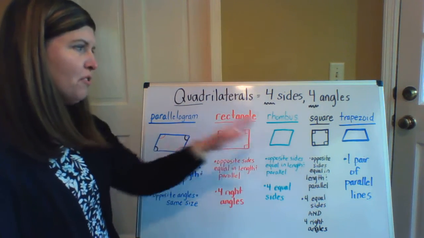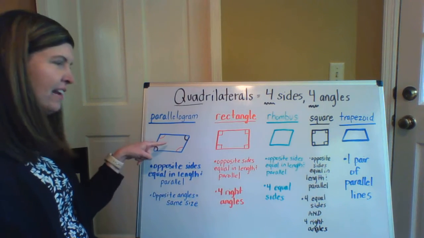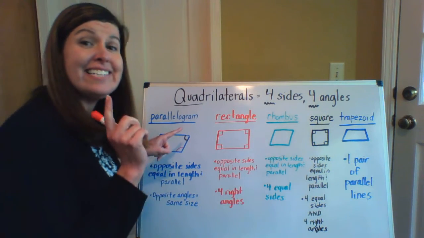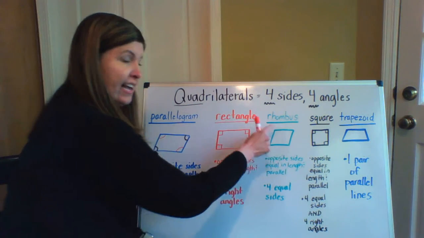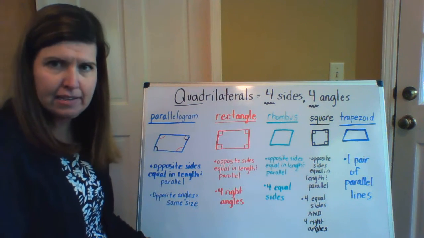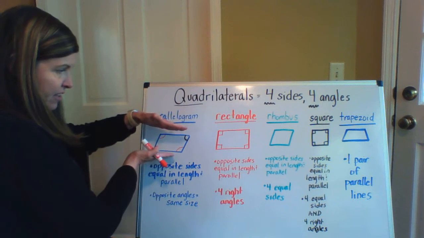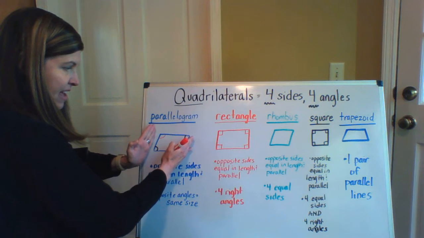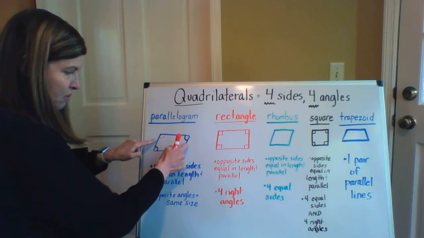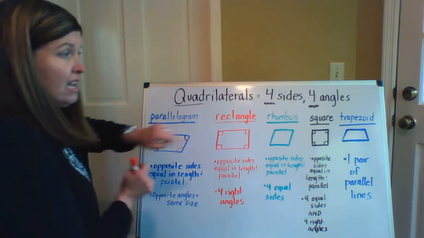A rhombus. Now, a rhombus is very interesting. It looks kind of like a parallelogram. The difference is that with a rhombus, all 4 sides are the same length. On here, the opposite sides are the same length, and the opposite sides are the same length. So these are the same length, and these are the same length.